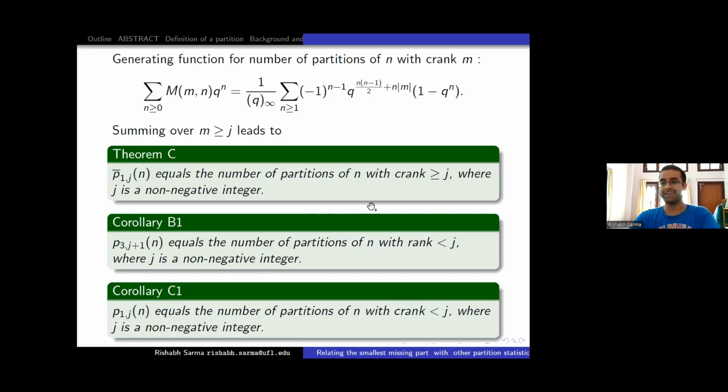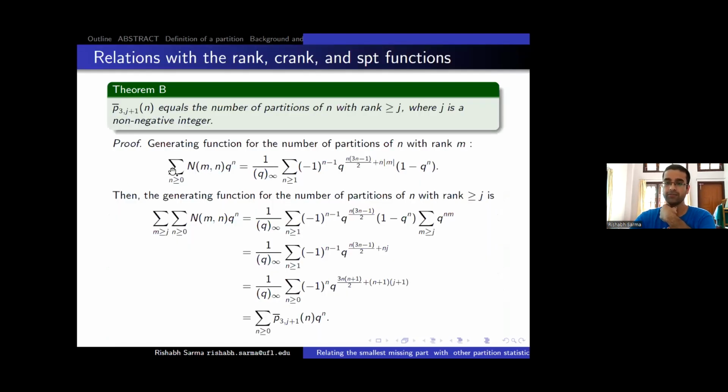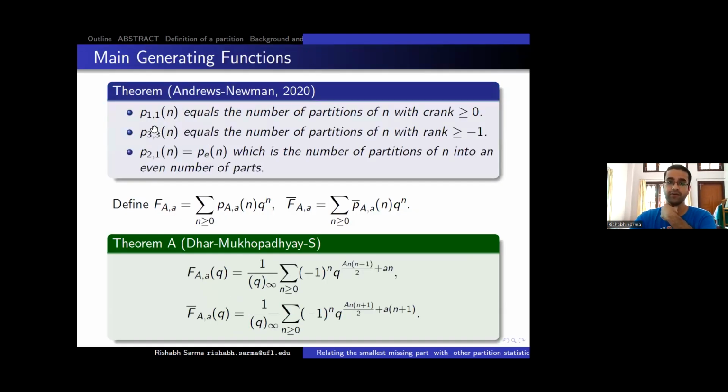It turns out that the three results of Andrews and Newman in their paper are corollaries of these two theorems, B and C, that we have here. As you can see, in the case of the crank, the capital A in the related extended max function is 1, and for the rank, the capital A is 3, which is exactly similar to Andrews and Newman's result.